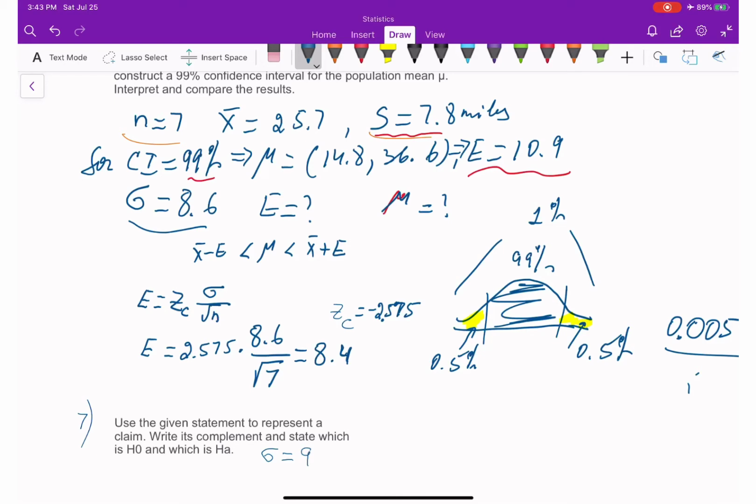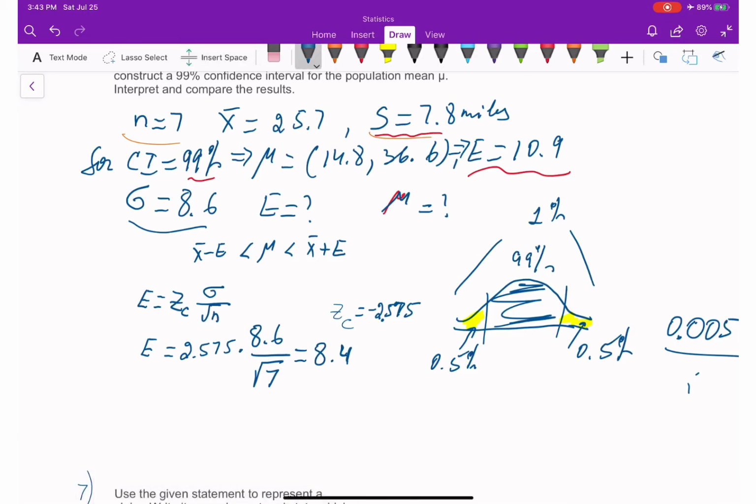And then from here, what we are doing is x bar minus error, and then x bar plus error, right?